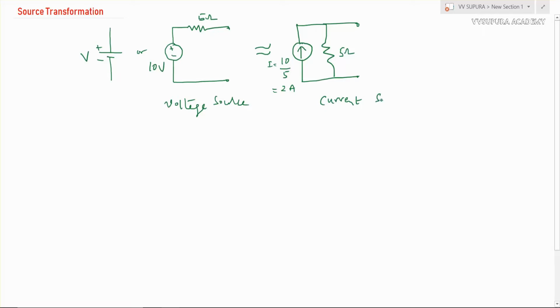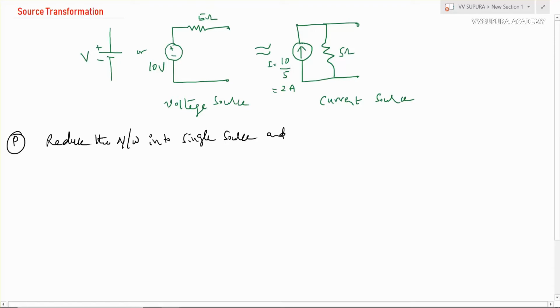Let's solve one problem so that we can understand better. The problem is given as: reduce the network into a single source and a single resistance between terminals A and B. The network is given like this.